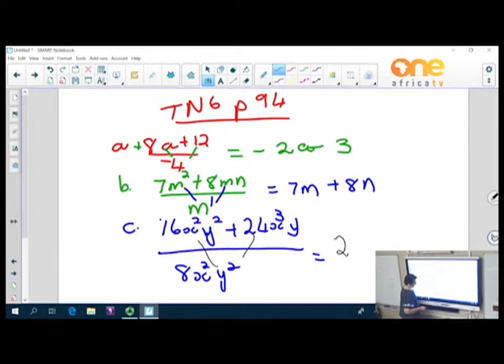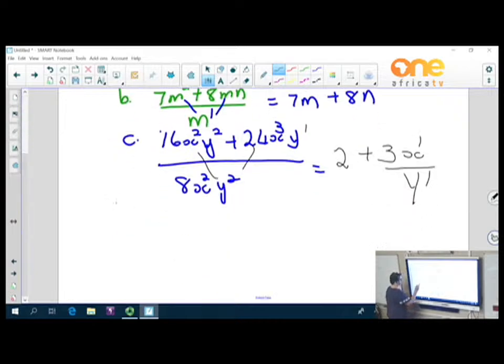Look, the x and the y will cancel out. And then dividing here, it will be plus 3. I subtract my indices, so it's x to the power of 1. But look now at the y. The biggest one is at the bottom. So 2 minus 1, it means that one will then be a denominator. It will remain there as a denominator.